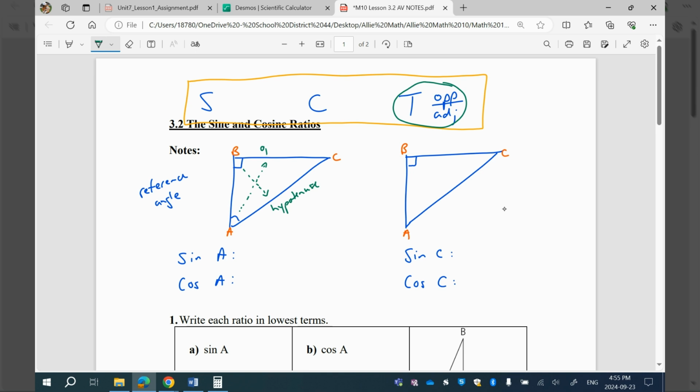From reference angle A, directly across from that, sitting across from it as a booth, as I say, is the opposite side. And then adjacent to, or touching, angle A, but not the hypotenuse, is called the adjacent side. So our sine ratio is the opposite over the hypotenuse.